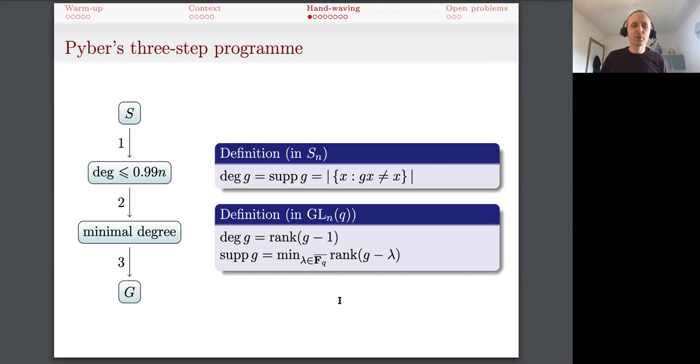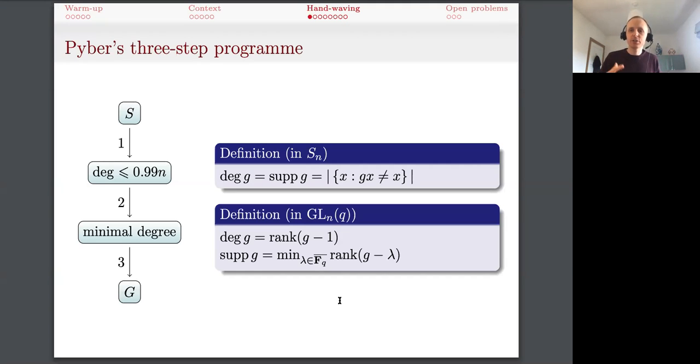So what is Pyber's program? We start with some generating set, and we want to get from this generating set to the whole group. First you should worry about getting some element of degree a bit less than n. Step 1 says get from your generators to some element which has degree at most 0.99 times n.